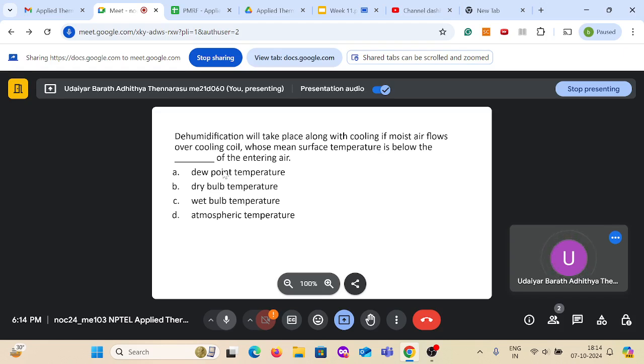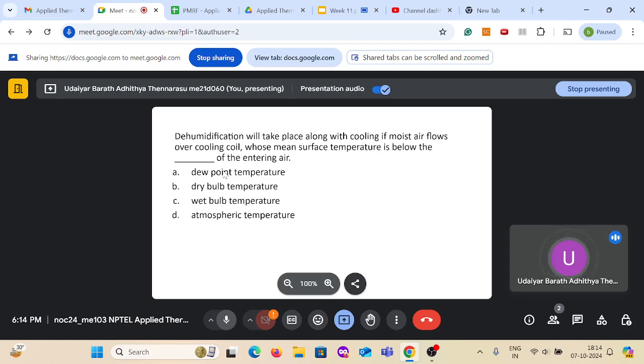This we have seen. We need to do a dehumidification. We have discussed dew point, where the first condensation of the dew drop is happening. That's where the water from the air is getting condensed, so water is getting removed from the air.